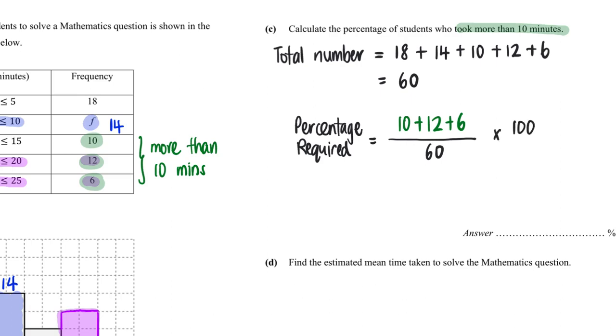Because we are looking at percentage, I will just need to times 100%. And I will be able to get 46.667%. Final answer to 3SF, 46.7%.